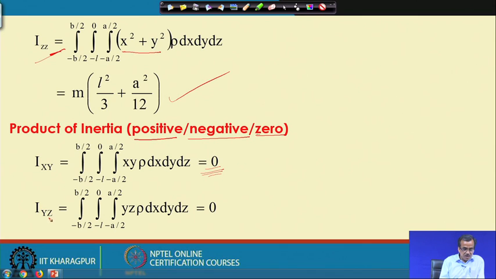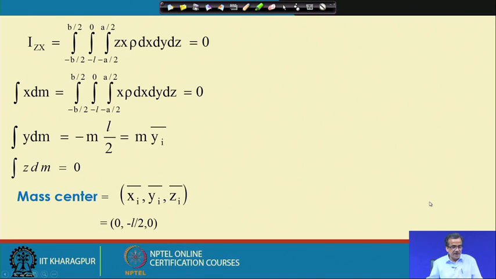Then I y z, you will have to write down y z here, so I will be getting this equal to 0. Similarly, I can find out I z x. Here you will have to write down z x, and if you carry out this integration you will be getting 0.